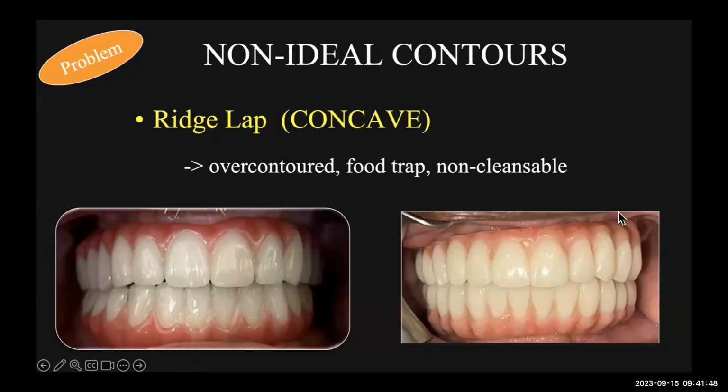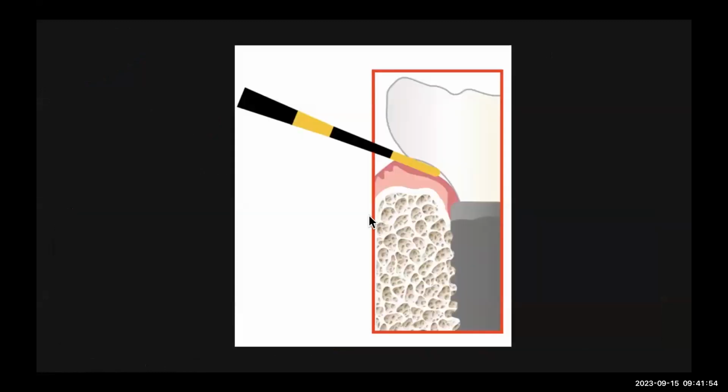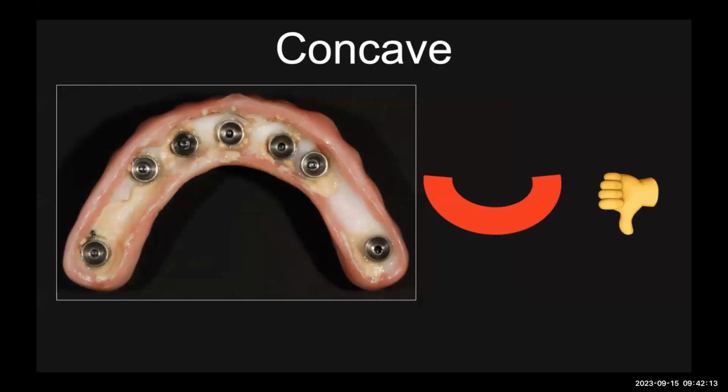Food will get up underneath here, and it is non-cleansable. And a lot of times it's impossible for the patient to clean. You, as a practitioner, can't even get in and evaluate the implant because of the over contouring of the prosthesis. So here we're trying to even probe an implant. You can't get a probe even near that implant neck. So what do I see is the most common problem?